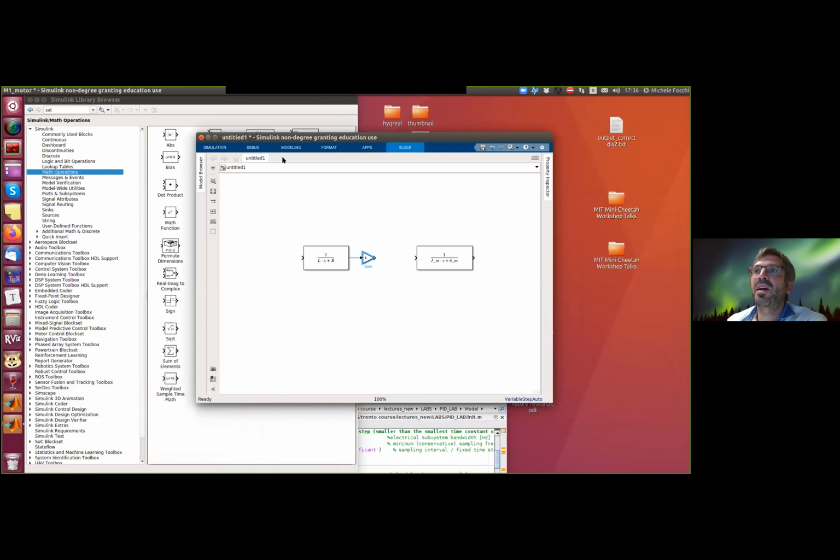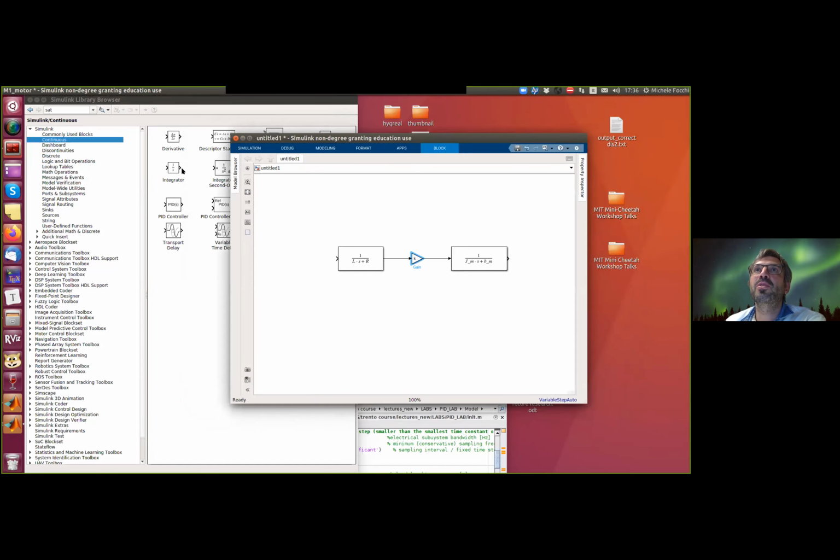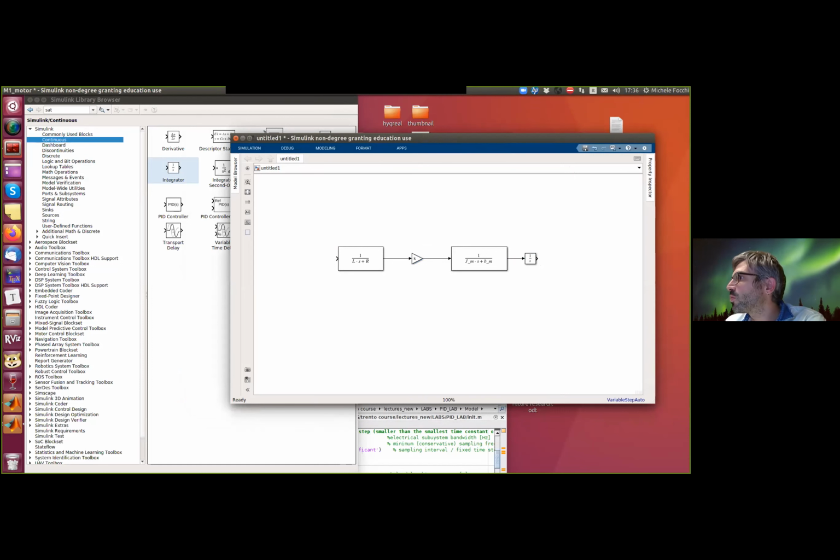Since we already ran the init file, we have all this in the workspace, in the memory, so they are accessible. Then the motor torque, let's say we have no load, goes to the mechanical dynamics, and as output, we have the motor speed. So if we want to have the position of the rotor, we put an integrator, and we get the motor position.